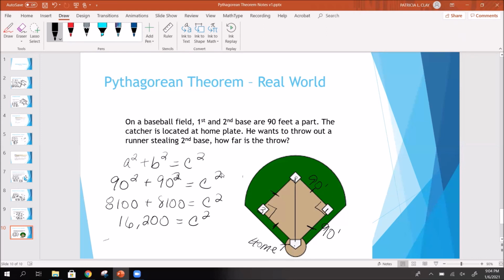And if we take the square root of that for both sides, we wound up getting C. I'm going to write it over here because I'm running out of space. C is equal to 127.29 feet. So that's how far he throws the ball.